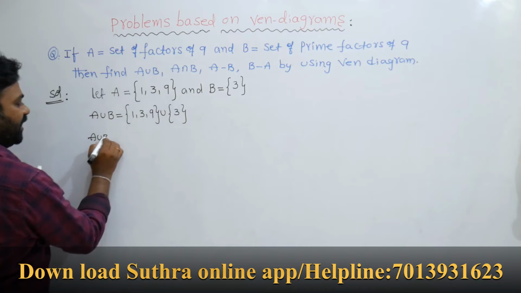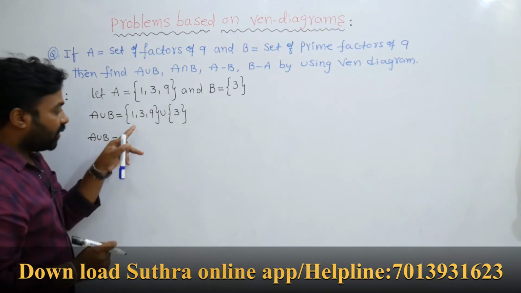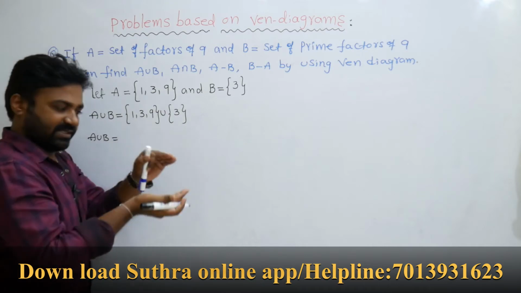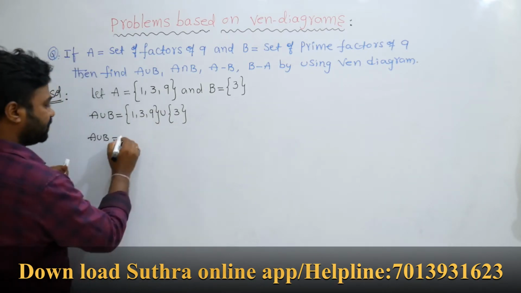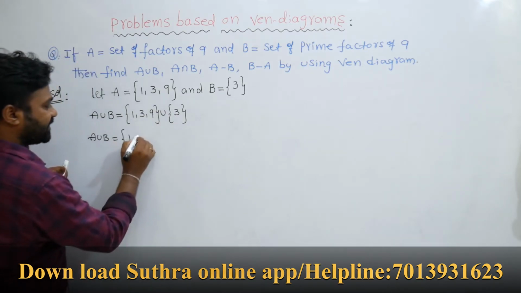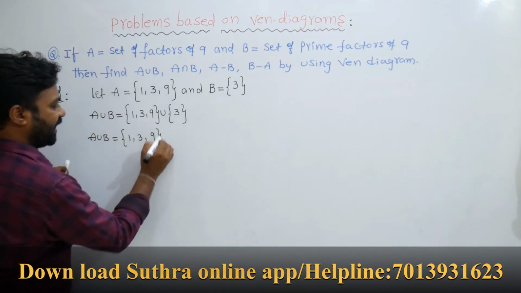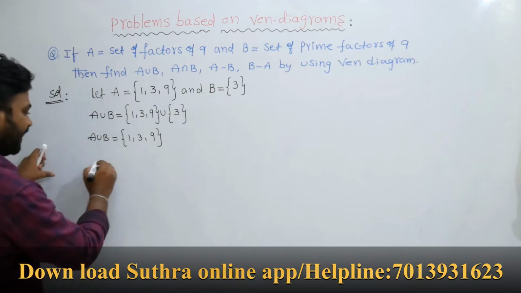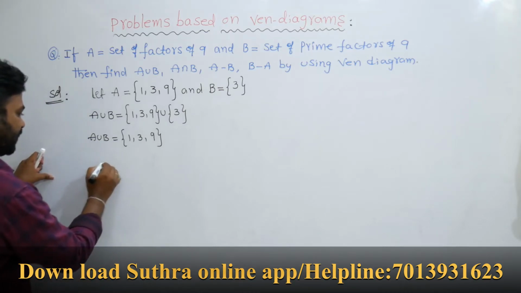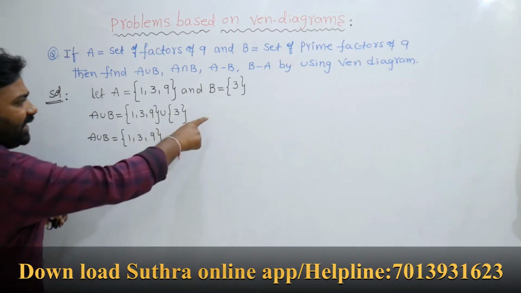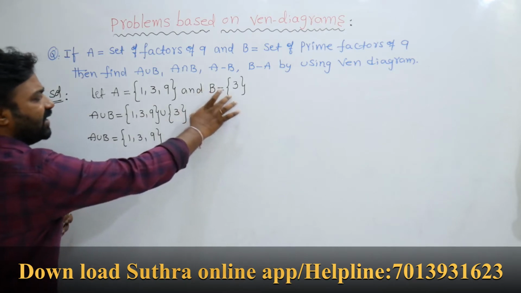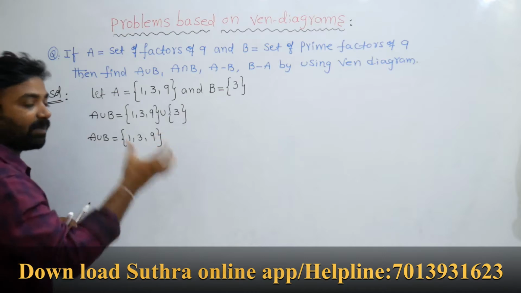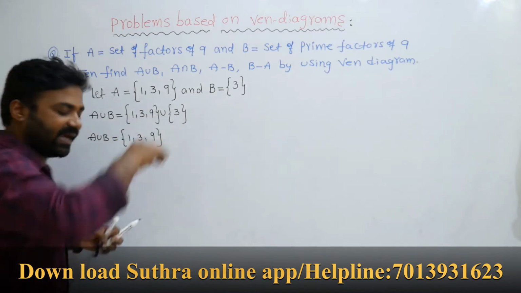Union means combination of all, set A or set B. So A union B is 1, 3, 9. Now the Venn diagram we should draw here. B set is a subset of A set, so B set completely lies in A set.